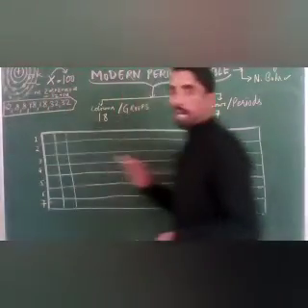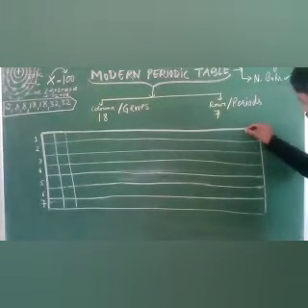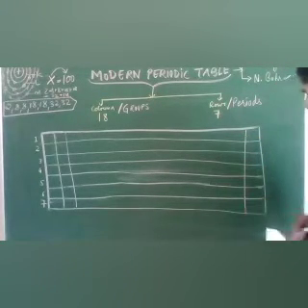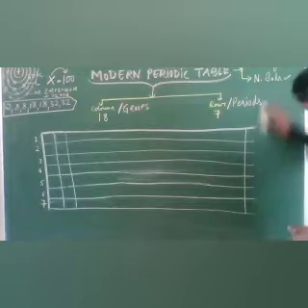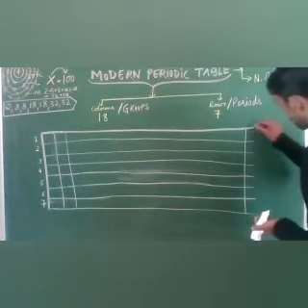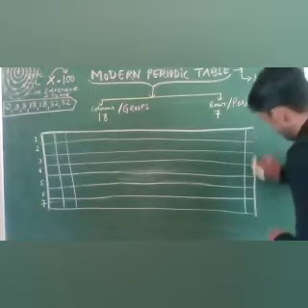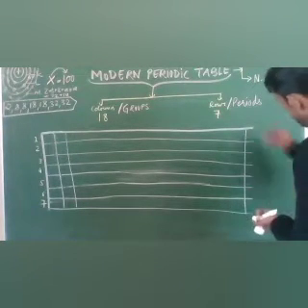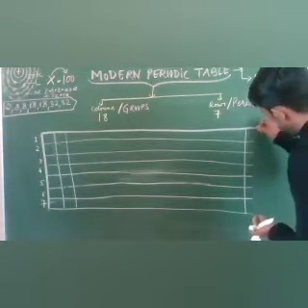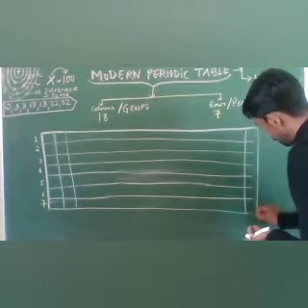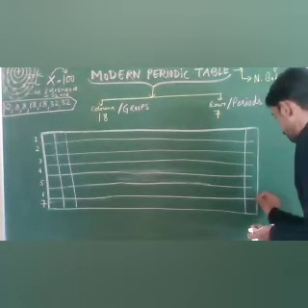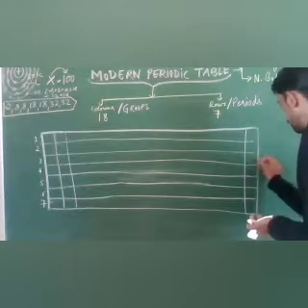Then you come to the last and draw 6 columns. 2 and 6, total? 8, and 10 are left.